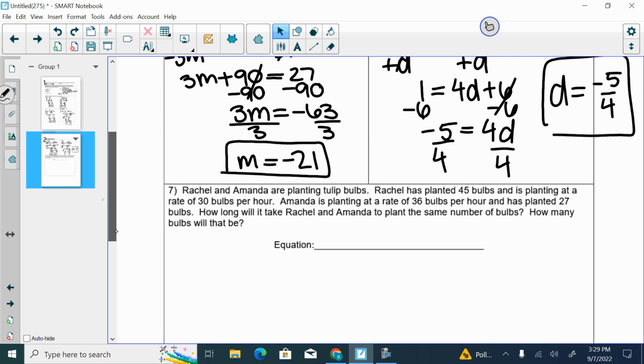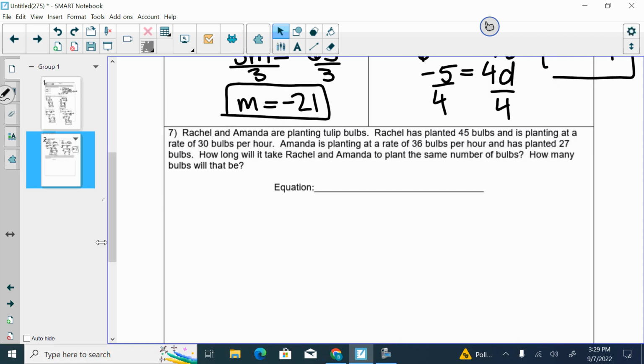Okay, so what did they ask? How long it's going to take for what? Have the same, right? So that's the key word there, same. In an equation, what symbol is going to mean same?